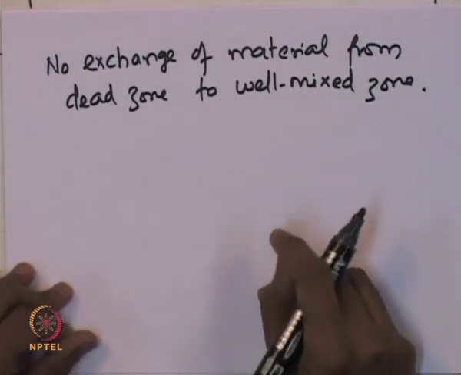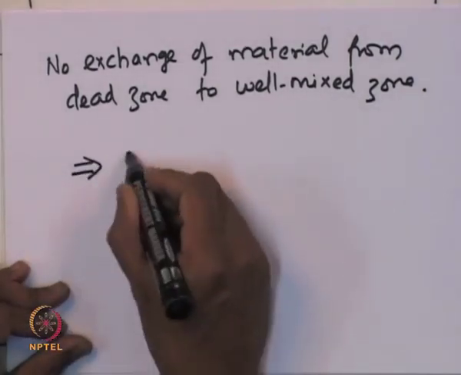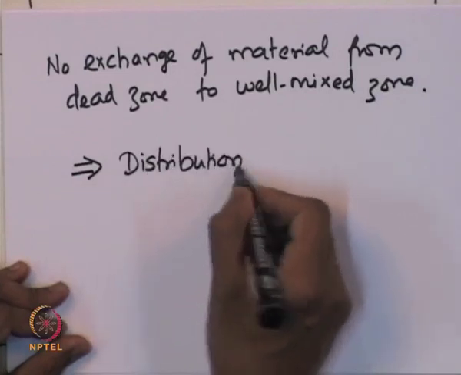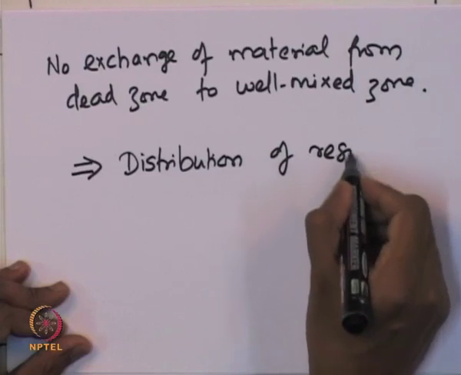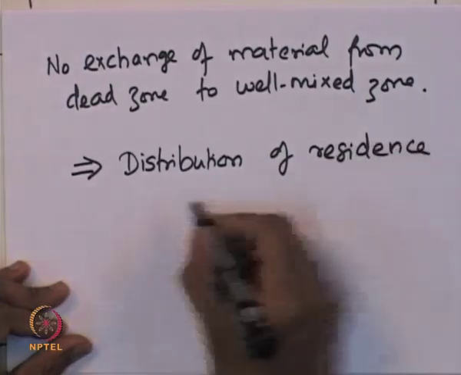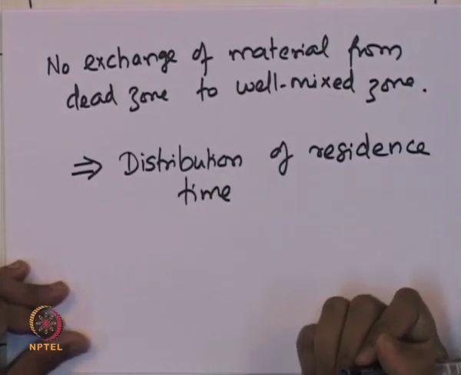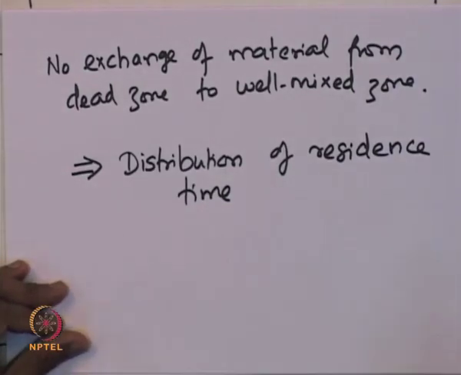So, clearly this suggests that there will be a distribution of residence time, even in the case of a CSTR with bypassing occurring inside the reactor.